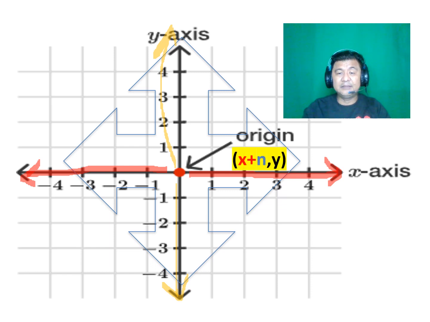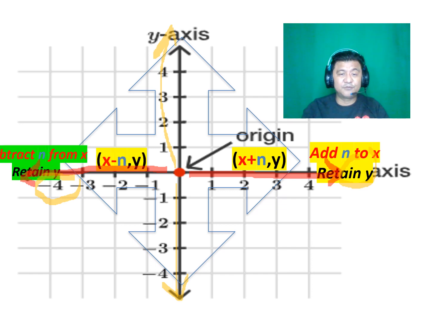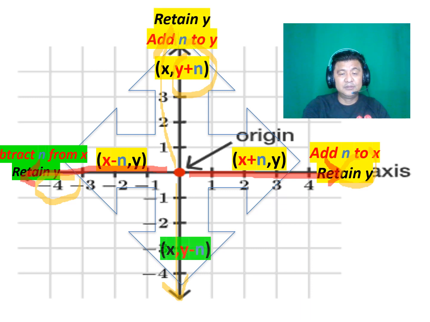I add the n, positive. I add to your x. If I move to the left, what do I do? I subtract from the x, right? Negative. If I go up, look at this, positive y. I add to the y. If I go down, I subtract from the y. See? So if you know the number line, that's already your guide.